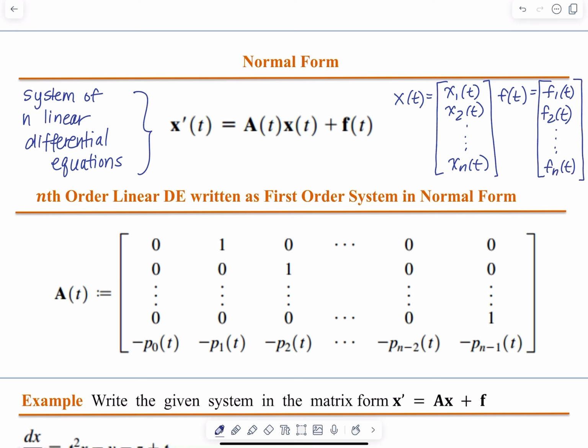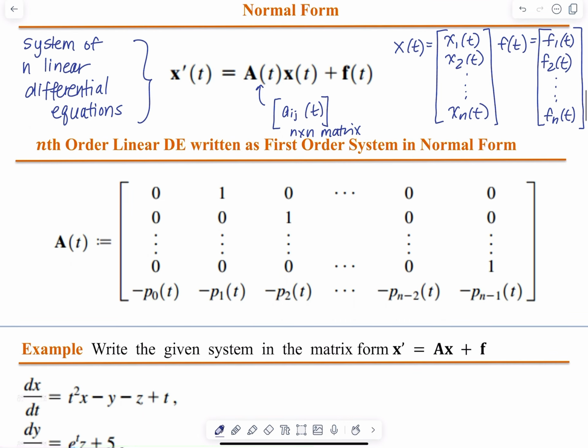And then we also have A of t here as a matrix with i rows and j columns, and that's an n by n matrix. Okay, so the system is called homogeneous when f of t is identically equal to 0.